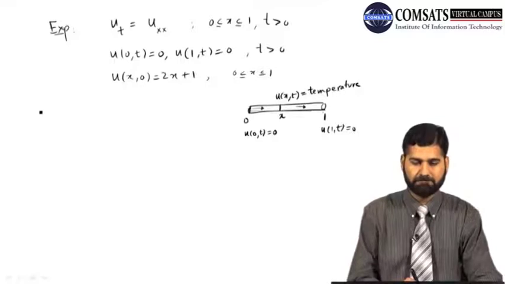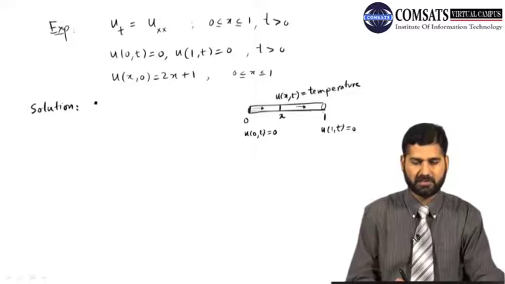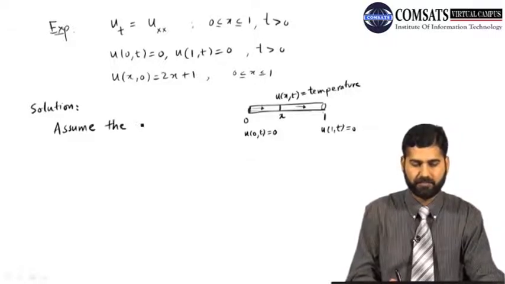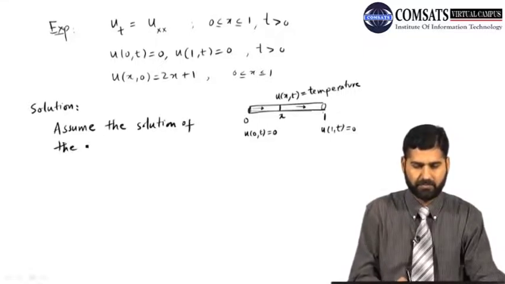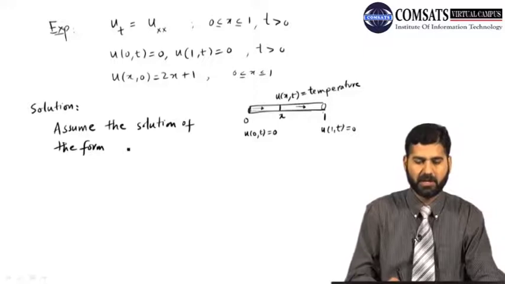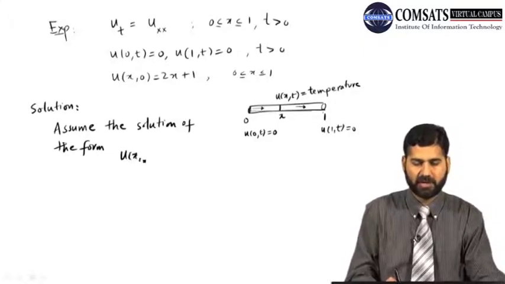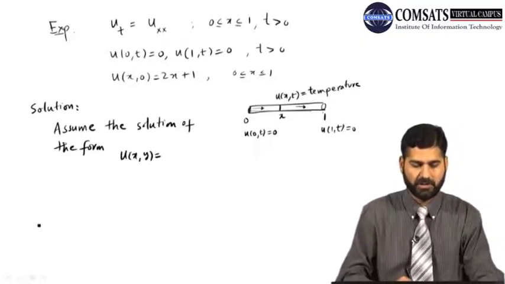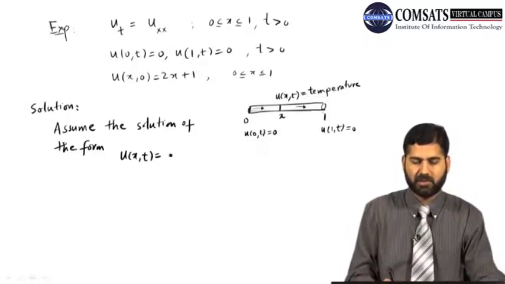So if I use the method of separation of variables, what we do is we assume the solution of the form u(x,t) equal to X(x) times, for the second variable t, capital T(t).